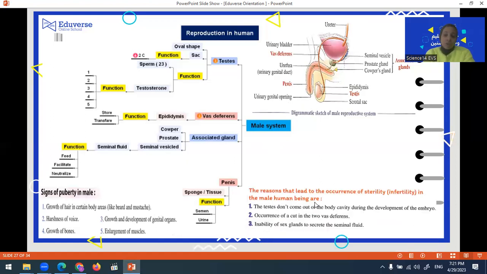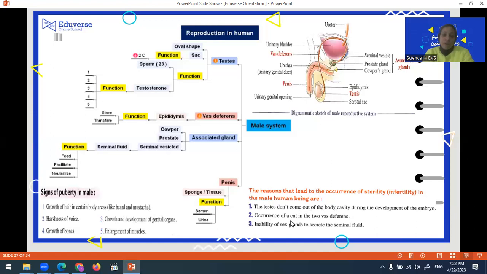This is a very important note: what are the reasons that lead to the occurrence of sterility, infertility in the male human? First, the testes do not come out of the body cavity during the development of the embryo, so the sperm will not be formed. So this male will become infertile.